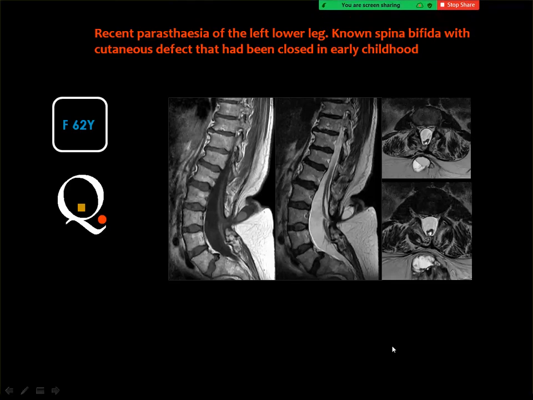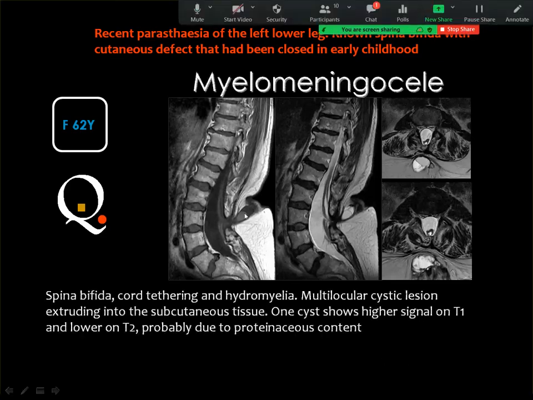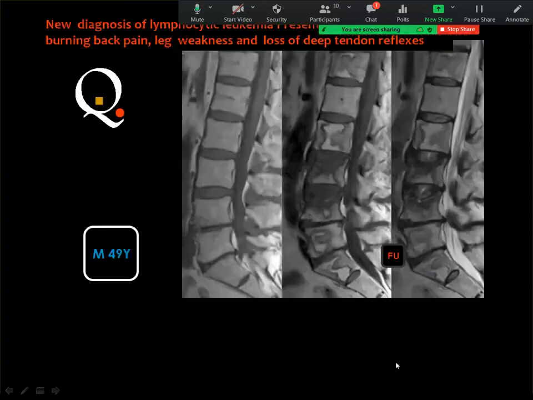Okay, actually, and here also you see the dermal sinus, and you got a small meningeal sac with the extension of the neural elements through the spina bifida into the meningeal sac, which is diagnostic of meningomyelocele, but it looks very small compared to the lesions that we usually see in clinical practice.